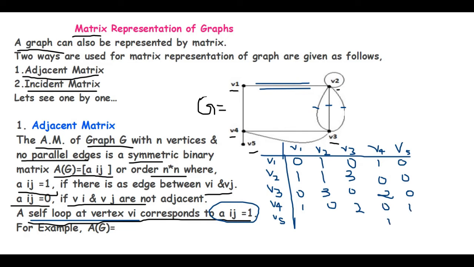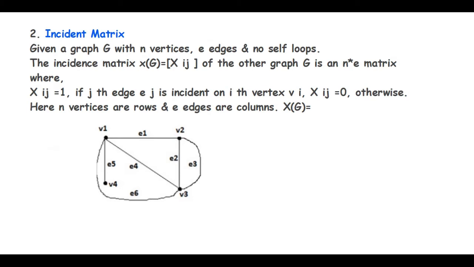So let's see for V5. V5, we have only one line connecting to V4, which is 1. So the rest will be 0. Simple as that. So this is how a matrix is calculated using the adjacency matrix method, which means we take only the adjacent vertices to calculate the matrix.